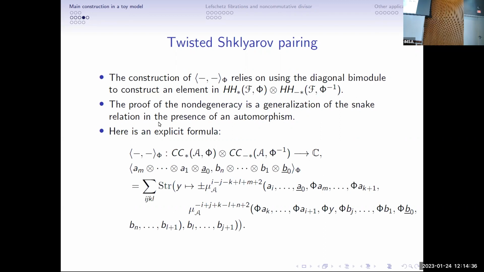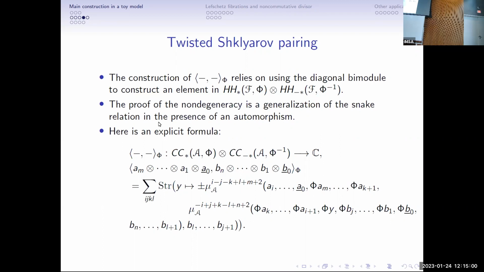So here, let's just write a Hochschild chain as, say, the form A0 tensor up to AN, and also B0 tensor up to BN. What we do, as you see in the formula here, is firstly, it's a super space. It's some kind of endomorphism acting on some kind of graded vector space, and we take the supertrace of that. And what is this endomorphism?